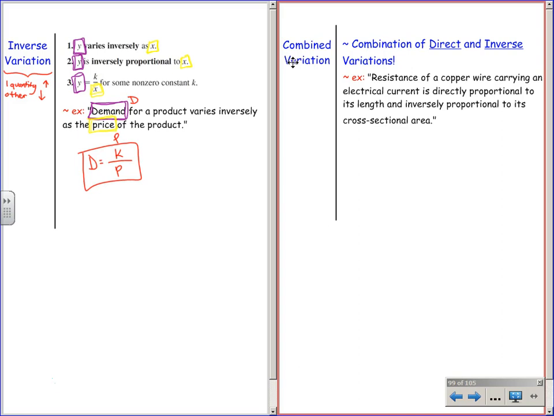Do you think in your notes you need to write this whole paragraph of information? No. Couldn't you pull out the most important wording? And maybe you're not actually writing of a copper wire carrying electrical current. Maybe instead you're just writing resistance is directly proportional to.